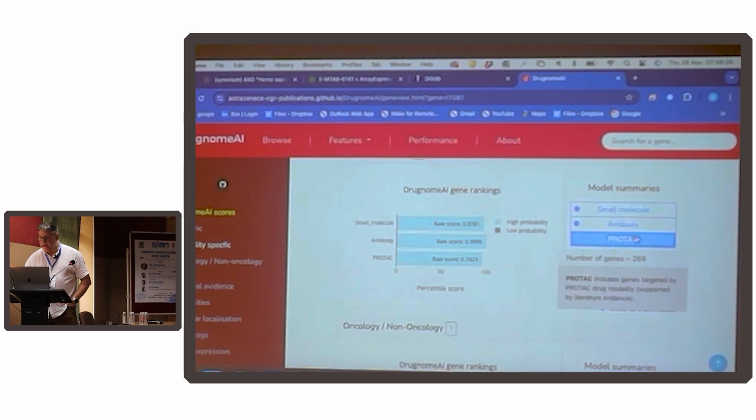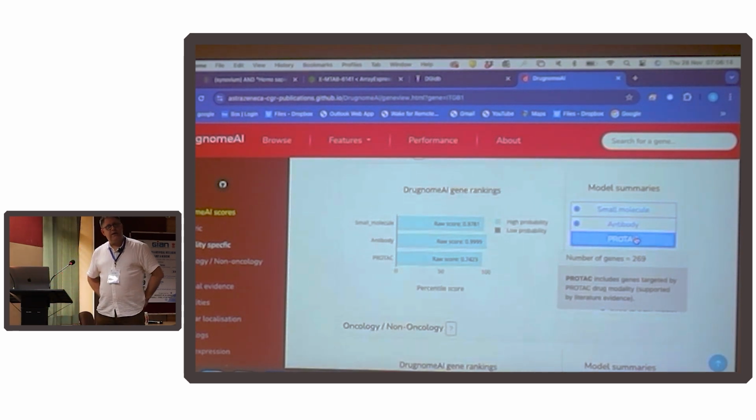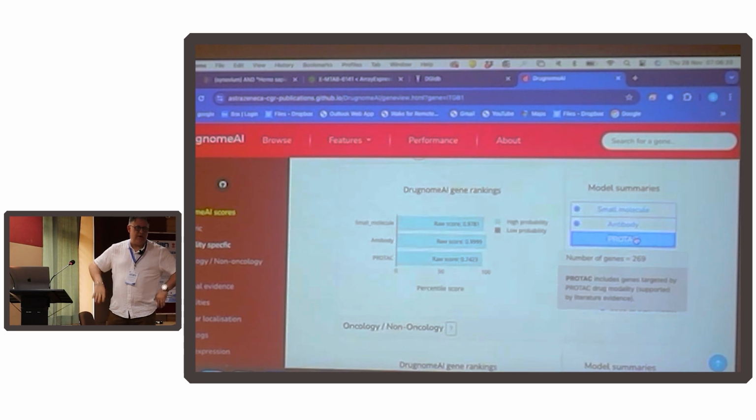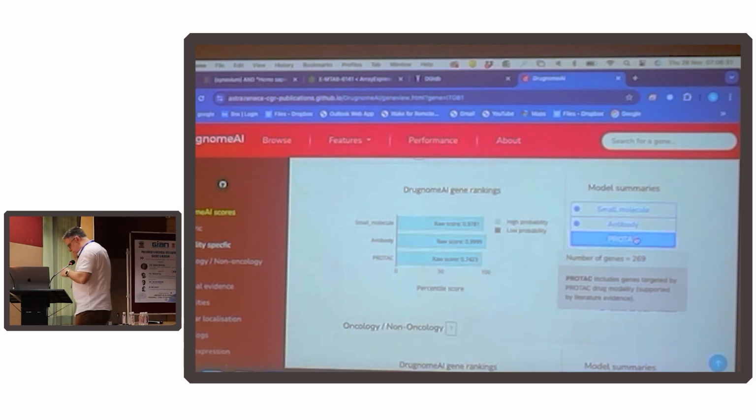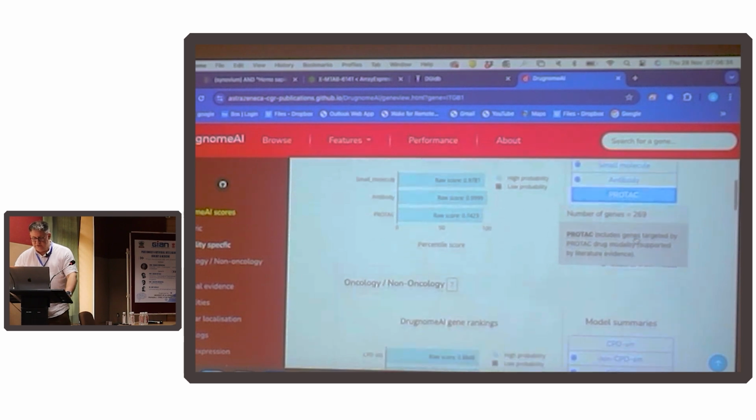So a PROTAC is a drug modality, drug antibody conjugates. So where you bind a drug onto an antibody, direct that at a cancer, and when the antibody hits the cancer, binds to it, it releases the drug. So it's quite encouraging for this target in terms of that.